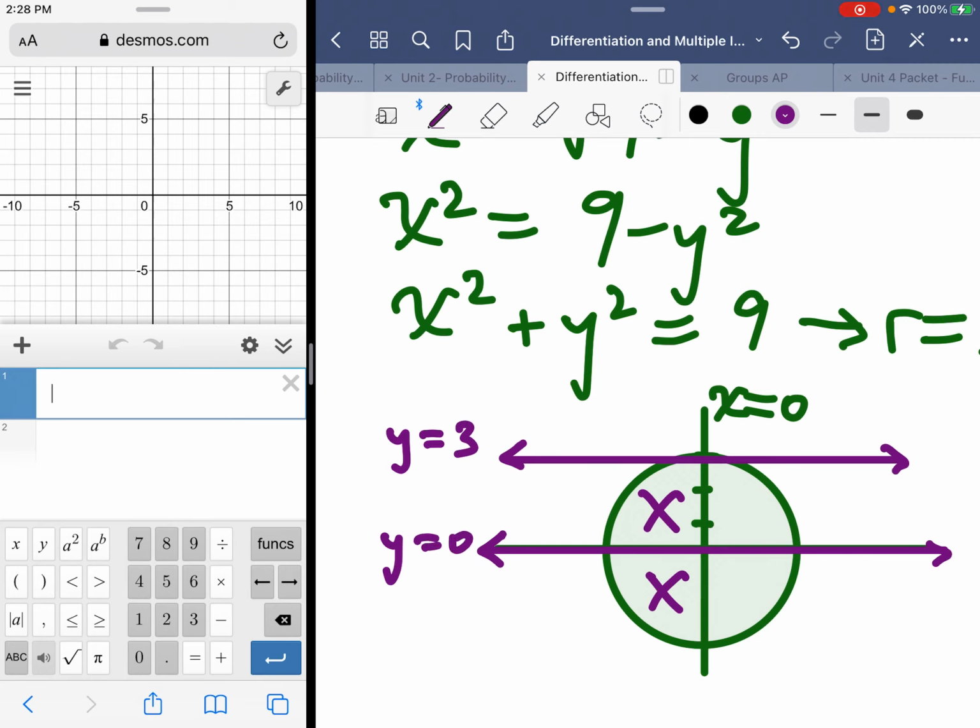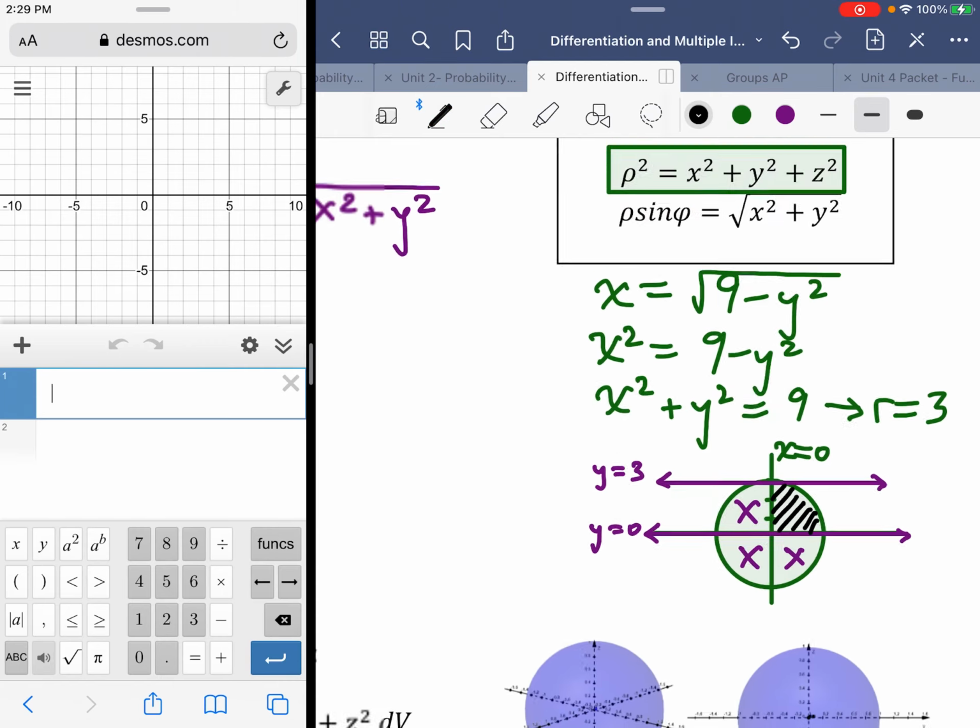So to the right of x equals 0, above y equals 0, below y equals 3, and capped off with the circular function x equals the square root of 9 minus y squared, that's going to eliminate this piece and really just kind of get us going over here. So it's this base region that we're concerned with.